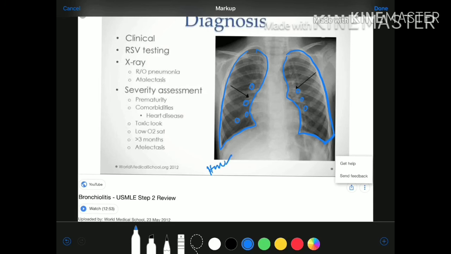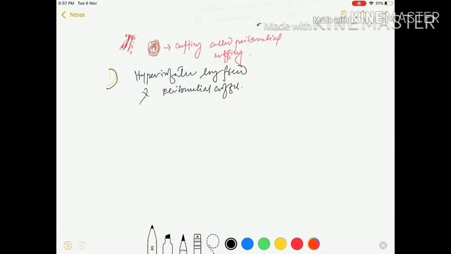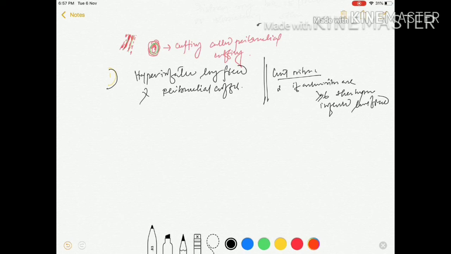Now, how to see hyperinflation? There are two rules. You can count ribs: if anterior ribs are more than 6, then it is a hyperinflated lung field.